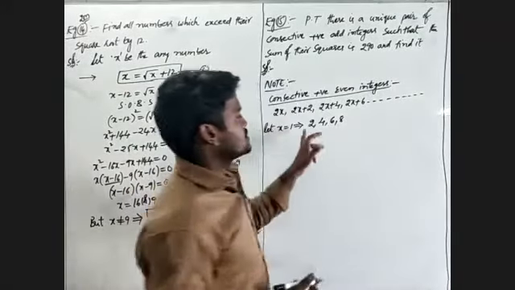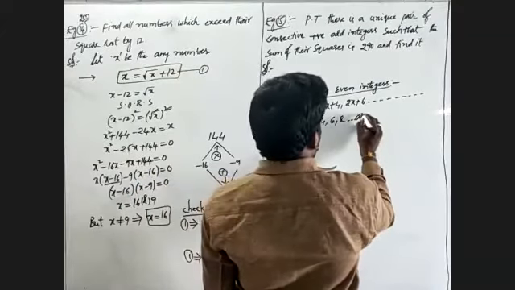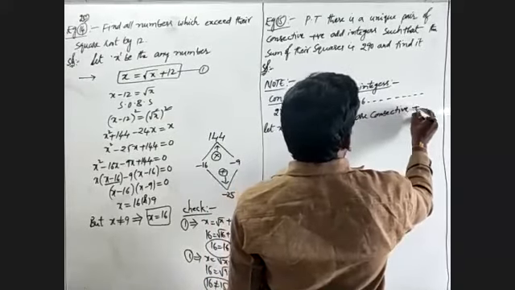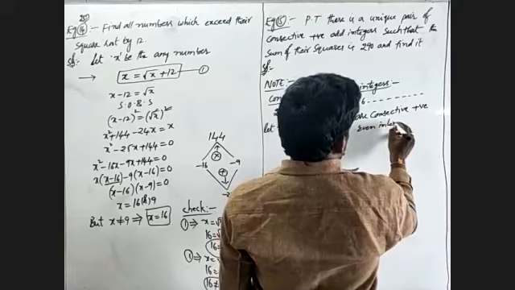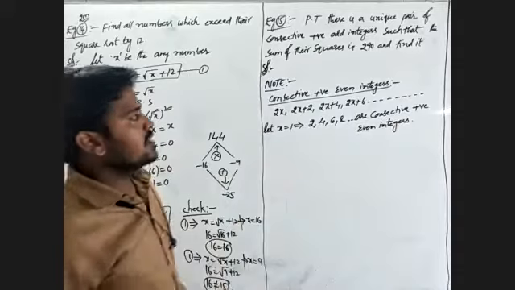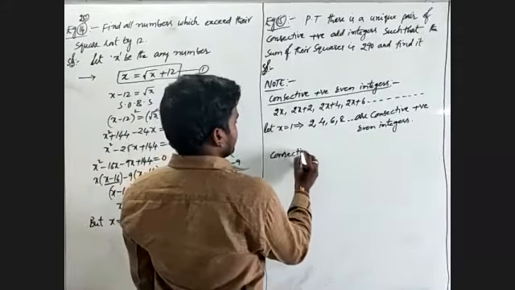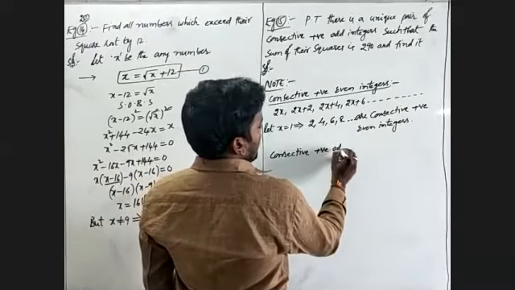We'll observe that 2, 4, 6, 8 and so on are consecutive positive even integers. Now I am going to the next one, that is consecutive positive odd integers.